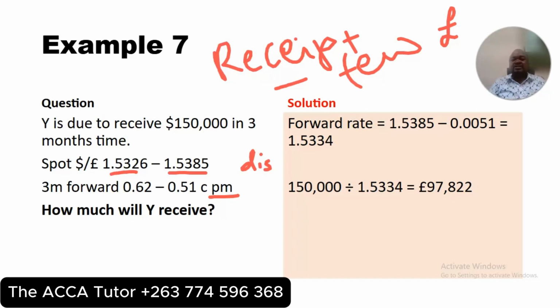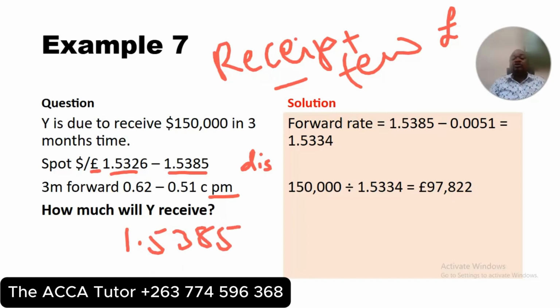Remember, we are dividing because the base currency there of the quote is actually the pound, and we want to convert into pounds. So we are going to divide whatever forward rate we come up with. In this case, we are going to pick the higher rate. So first of all, we're going to pick 1.5385.